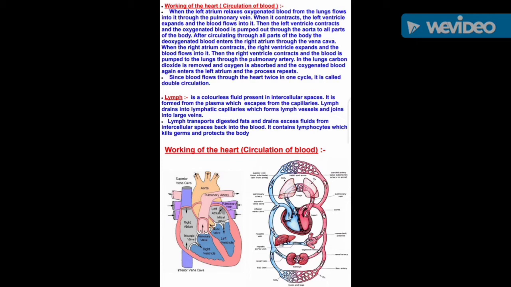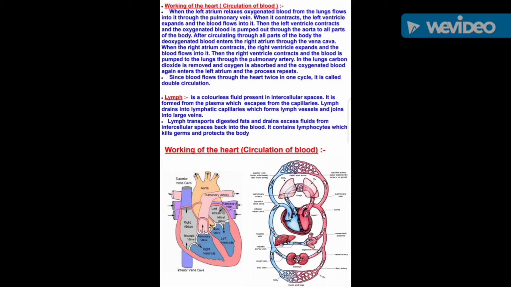When the left atrium relaxes, oxygenated blood from the lungs flows into it through the pulmonary vein. When it contracts, the left ventricle expands and the blood flows into it. Then the left ventricle contracts and the oxygenated blood is pumped out through the aorta to all parts of the body.